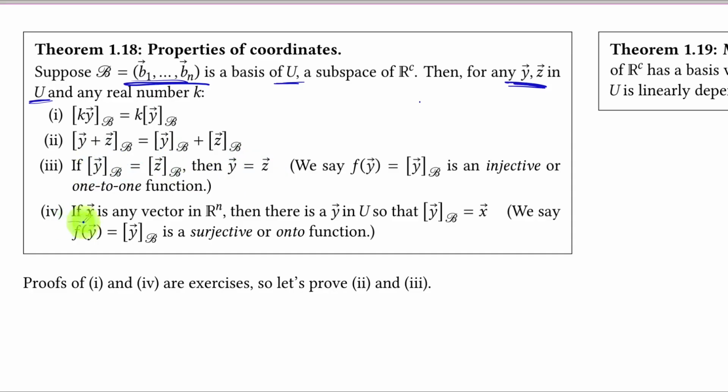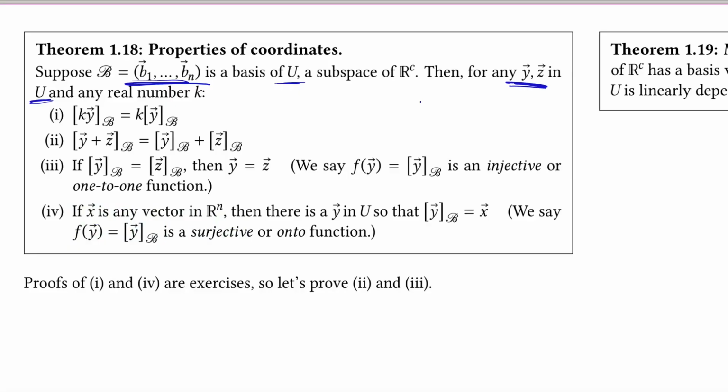And part 4 says if you have any vector x in R^n, then there is a y. Also notice that n is the number of basis vectors that we're talking about here. So saying that x is in R^n means that the number of entries in x equals the number of basis vectors. So it makes sense that x could be the coordinates of something.